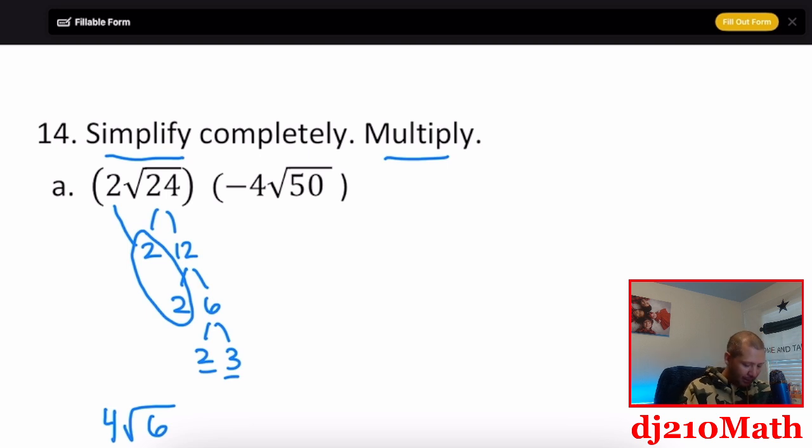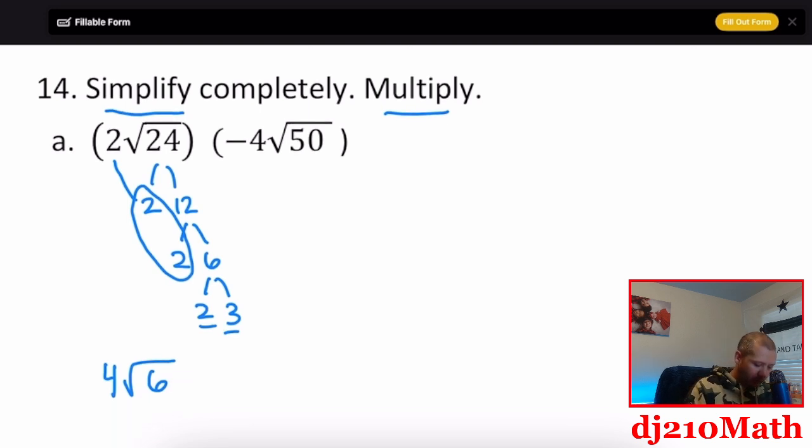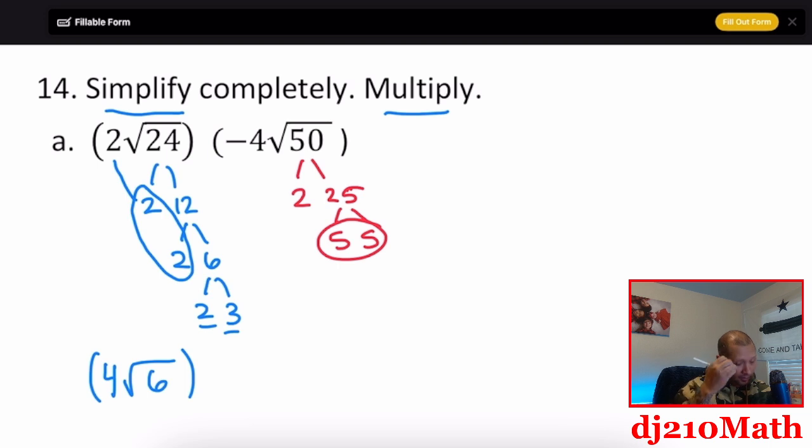So the left side simplifies into 4 root 6. Right side. 2 and 25. 5 and 5. So 5 is going to come out and multiply against the negative 4. So it's going to be negative 20. 2 is left inside.